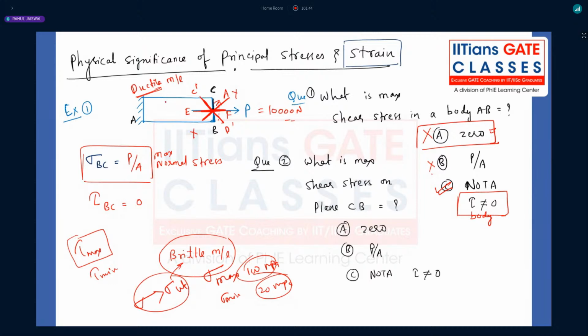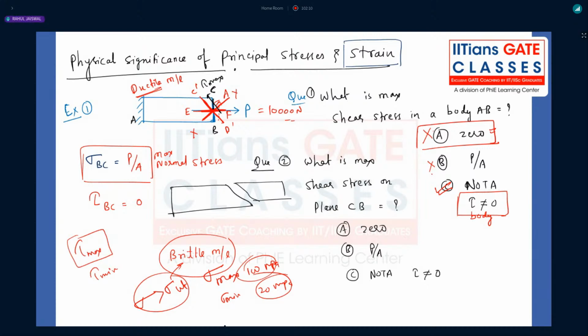Stress is defined at a particular point, and at a particular point, infinite planes are passing. And on the CD plane, maximum shear stress is acting, and on that plane the materials are failing like this. The same ductile material is failing like this. And what did you tell the customer? That the material will never fail.